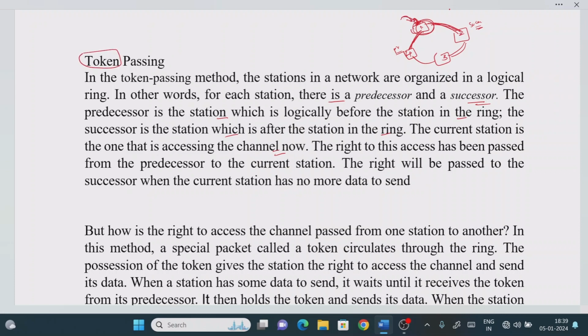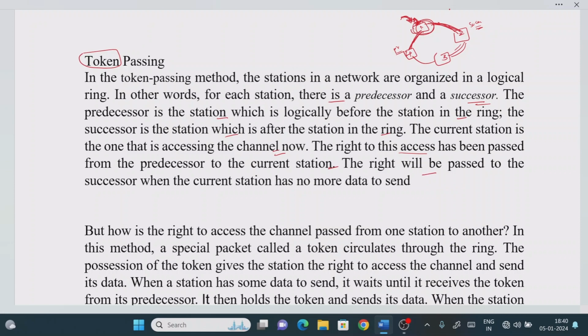Whoever has this token, that is what we call the superpower, can exchange data from one system to another system. If you don't have the token or superpower, you cannot access the data. Just remember this point for the time being. The right to access has been passed from the predecessor to the current station.